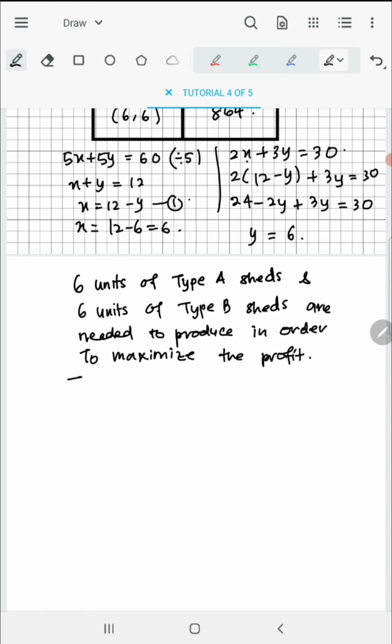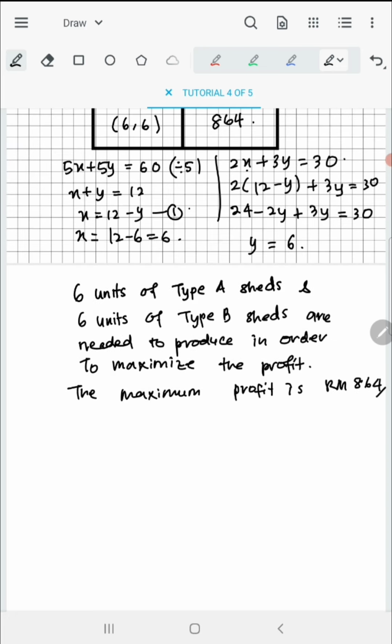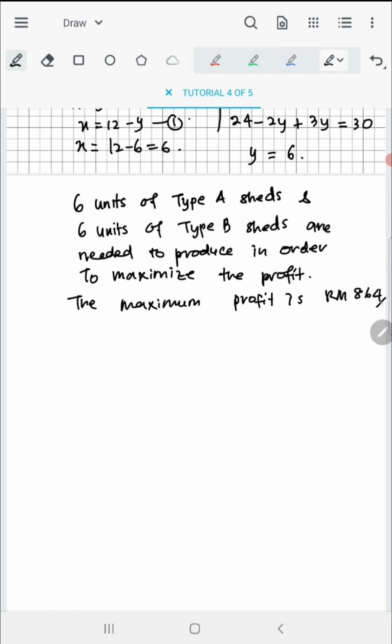So the maximum profit is RM864. Okay, that is the conclusion that we need to write. Okay, so that's all for number 1.